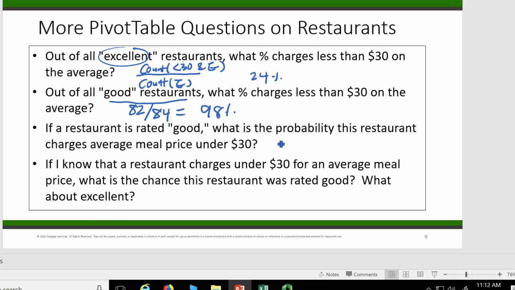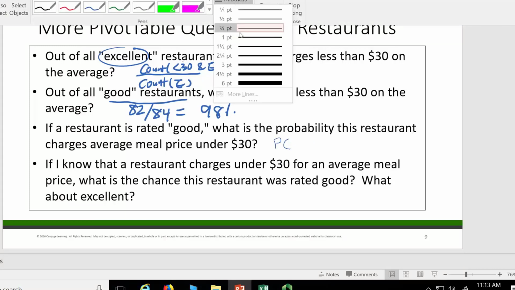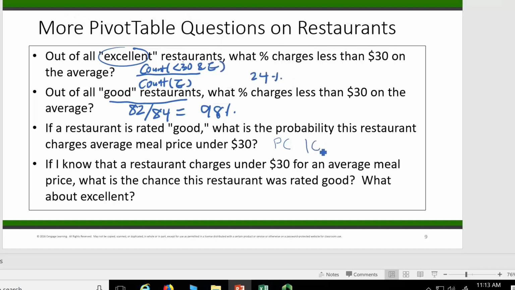So here, what we're doing is, well, that's the if the restaurant is really good. Then what is the probability this restaurant's meal price is under $30? So under 30 is what we're asking for. The probability that the meal price is under 30 given that good has already happened.